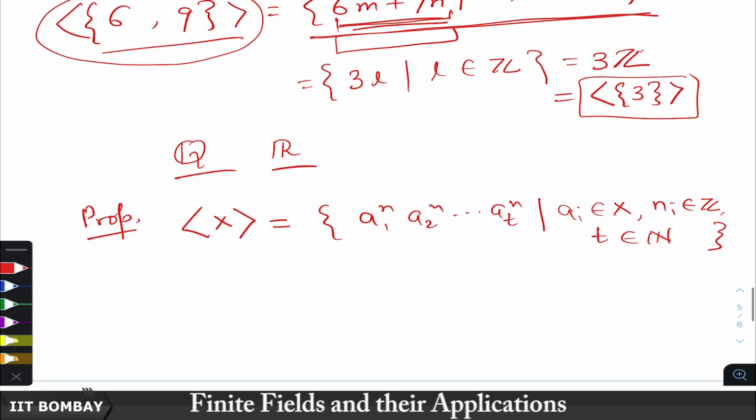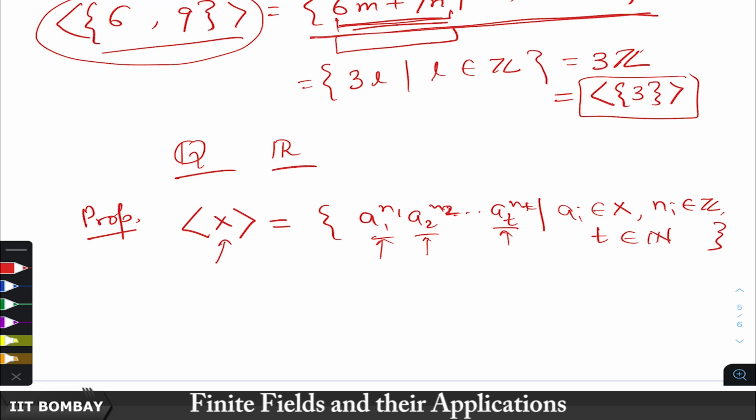So, what it is saying is that you pick t elements from X, A1, A2 up to At, pick some integers N1, N2 up to Nt, raise each of these Ai's to the power Ni, and then multiply them, and you will get an element.